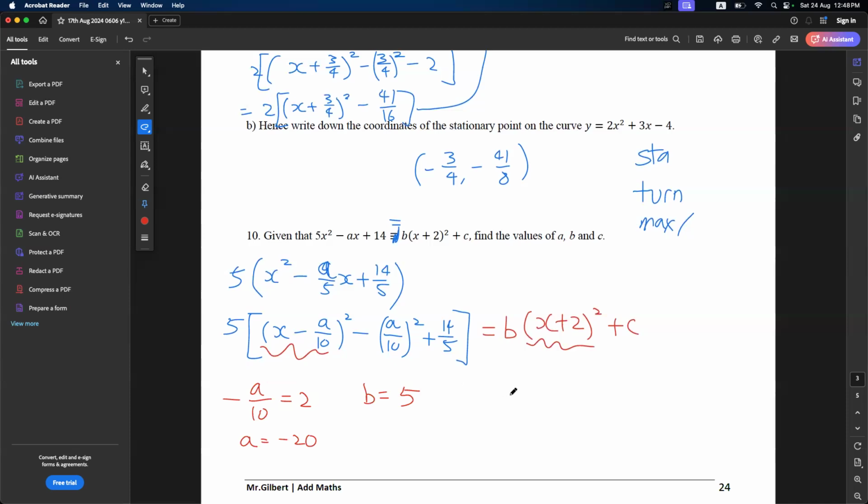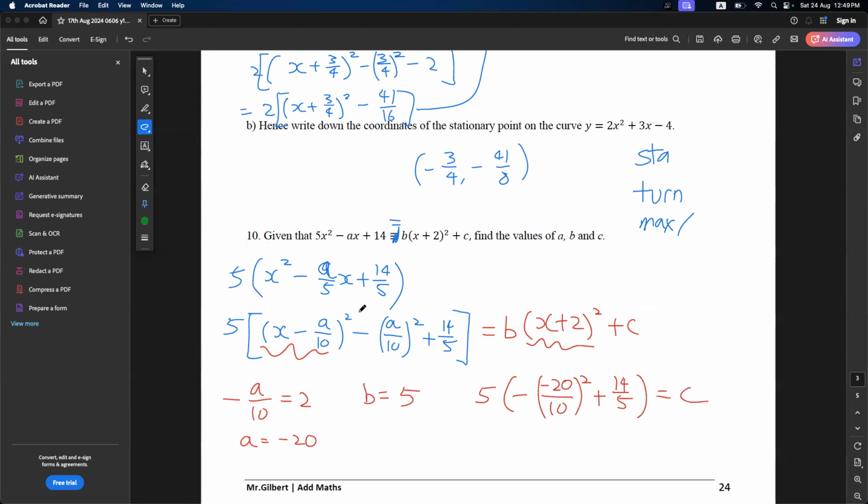And then the third equation that I need to write down is 14 over 5 is C. No, it's this equation multiplied by 5 only equals to C. 5 bracket minus a squared over 100 plus 14 over 5. So minus a squared, which I'm going to put down as negative 20 already, over 10, squared, plus 14 over 5 is equal to C.